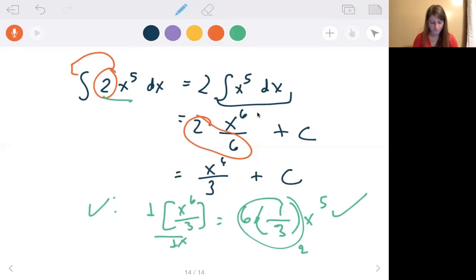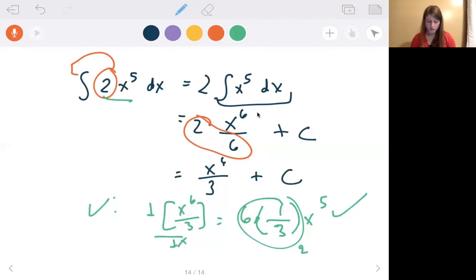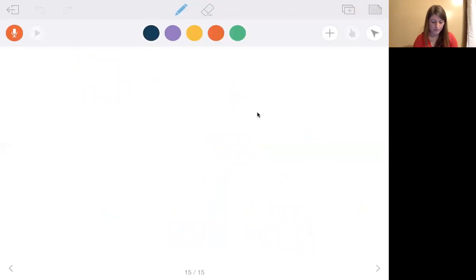So that's a check. All right, so let's go back and add to our list of rules. What we would like to do is expand upon this power rule, and then we'll go to exponentials. So what we want to do is consider what happens in the -1 case.